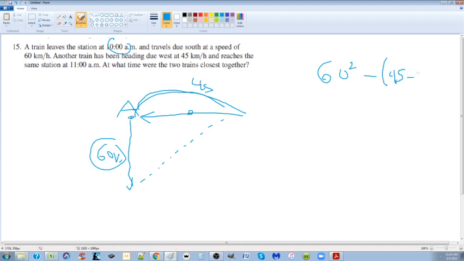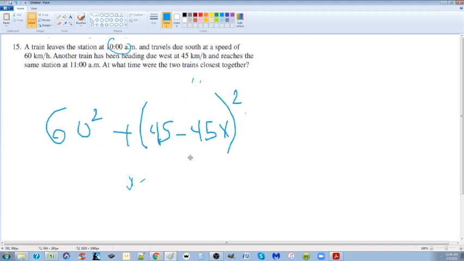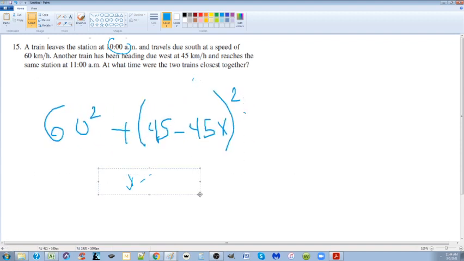Subtract his speed like that, squared. So we know that 60 squared plus this is equal to the hypotenuse squared.